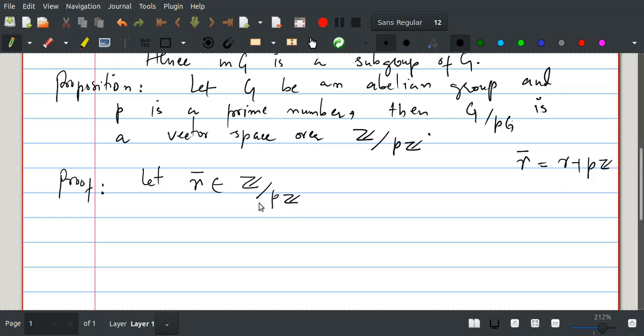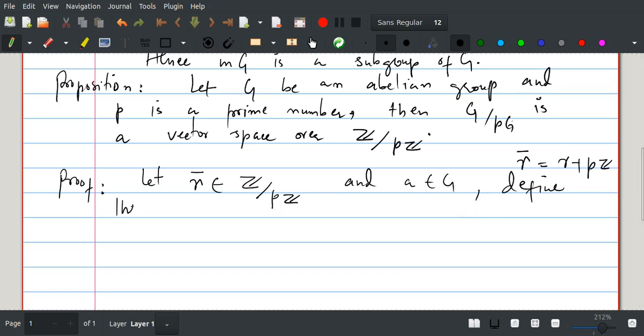Let R bar belong to Z mod PZ and A belong to G. So let us define the external multiplication, which takes an element in the field and A in G. Then define the scalar multiplication.